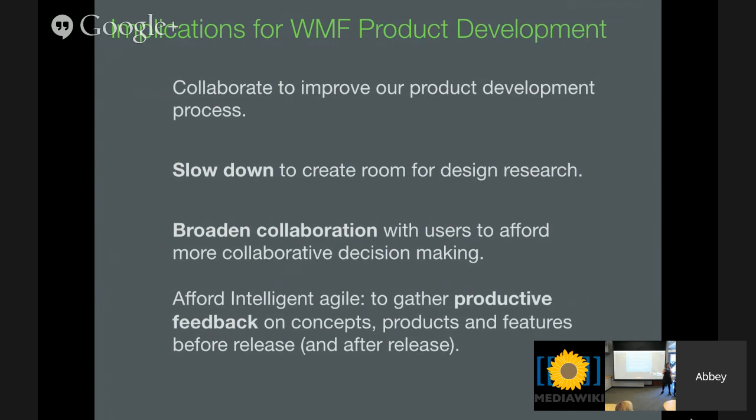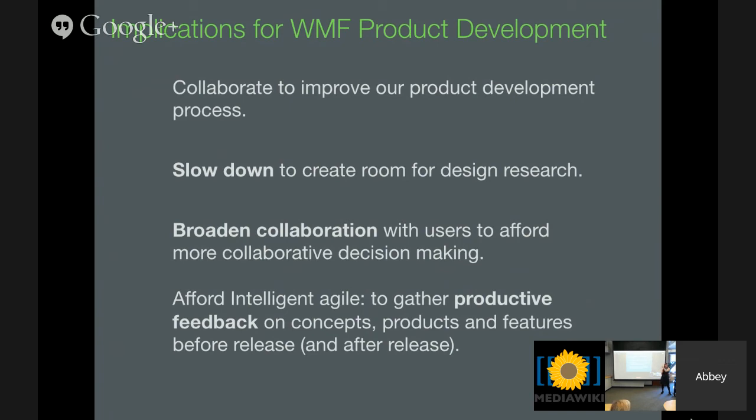Also, Agile is sometimes, and correct me if I'm wrong, I think sometimes misconstrued as just a way to go faster. And sometimes that can cause problems. We just go faster, put something out there, see if it's broken, and then fix it. And like I said before, there are things we can do before we put it out there to get more productive feedback, so that we can find the really obvious things to fix before getting it out in the wild.